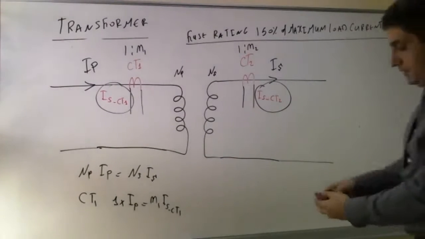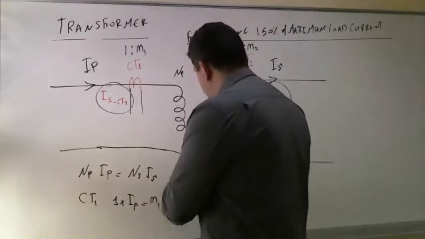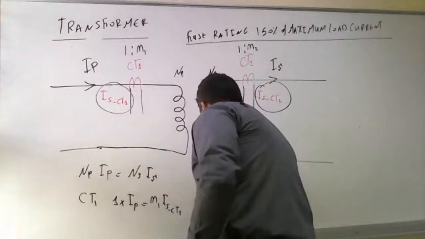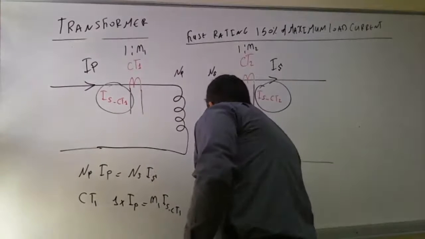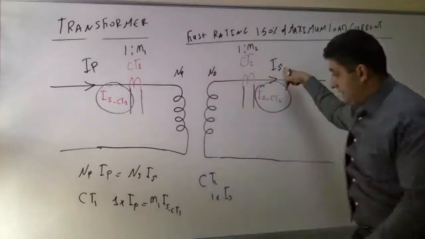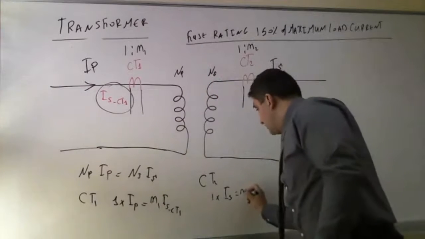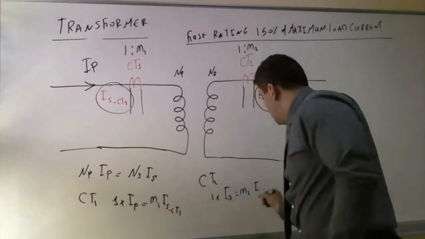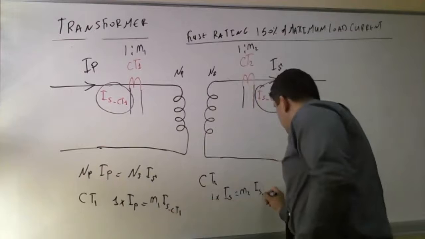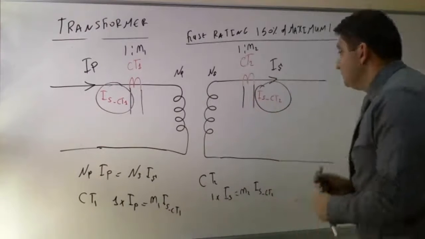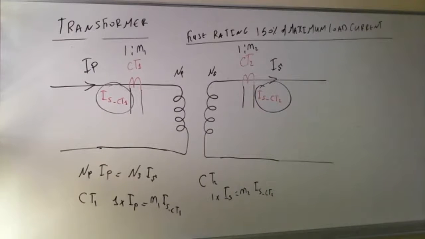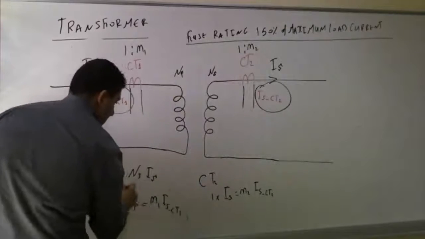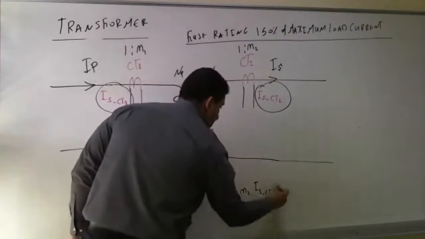Can you see? This is 1. For CT2, I have the same. I have 1 multiplied by I secondary, which is this secondary, equal to N2 times I secondary of CT2, which gives me that I primary and I secondary.